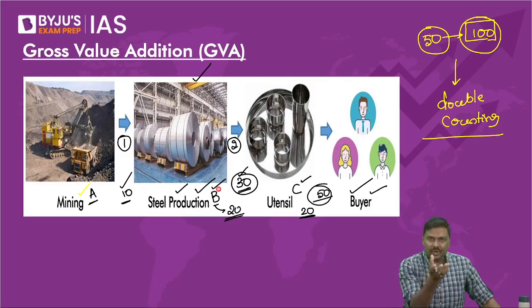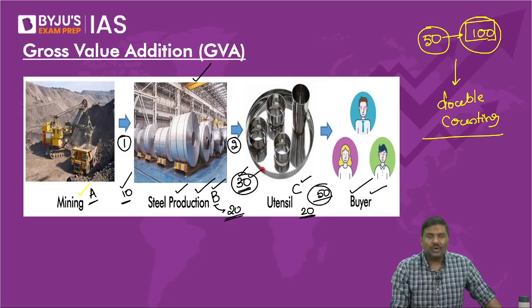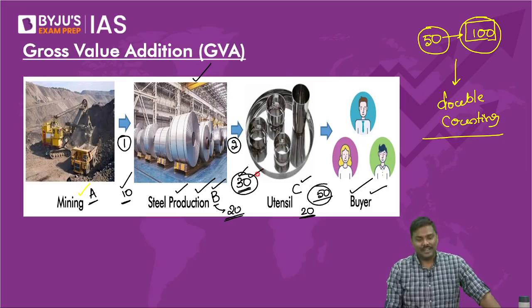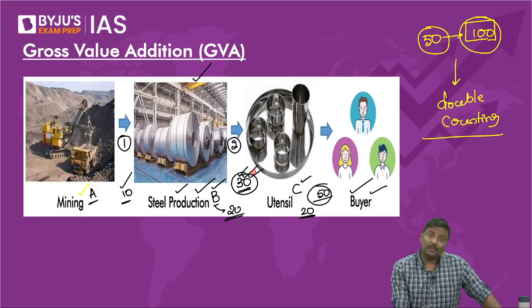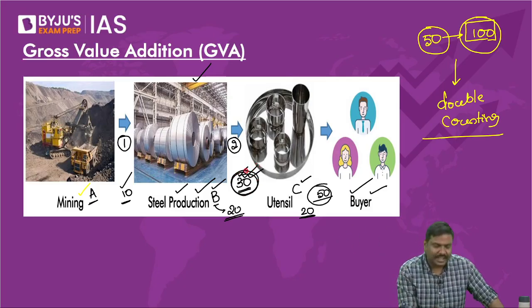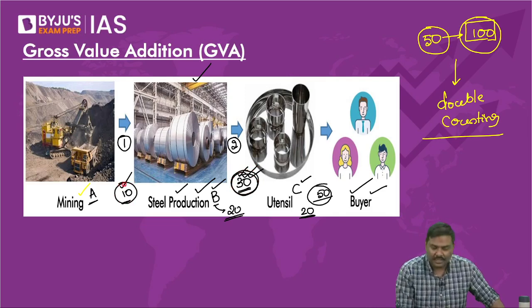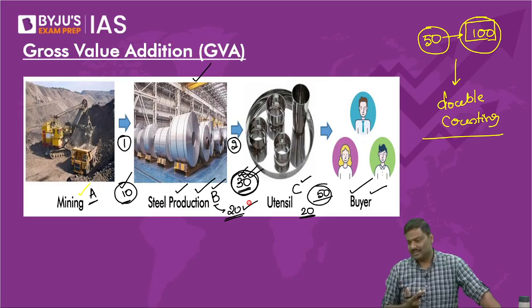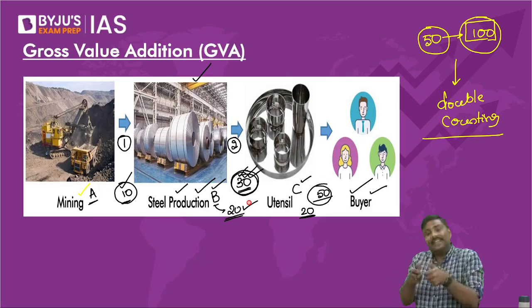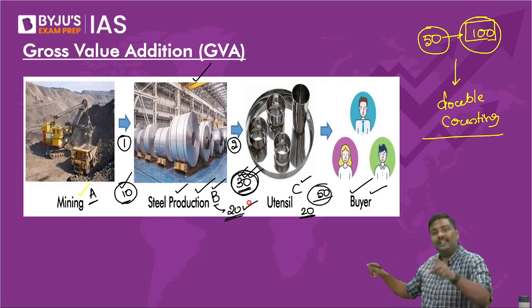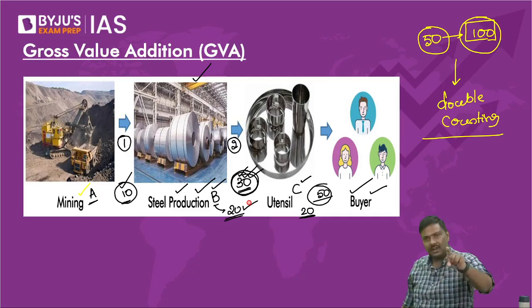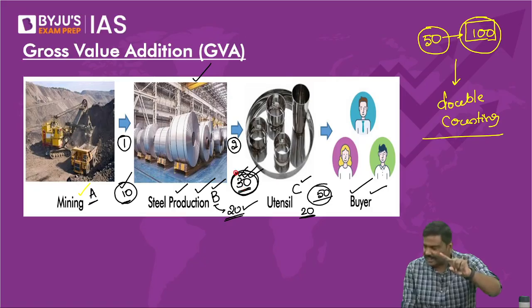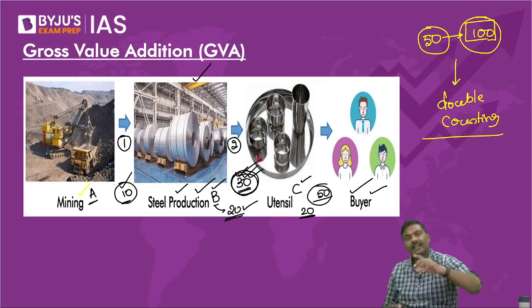I will produce steel and sell it to company C at 30 rupees. Now, should I be counting 30 rupees in the calculation of GDP, or should I be adjusting 30 by deducting 10 rupees and counting only 20 rupees? If I count 30 rupees in the calculation of GDP, that is double counting.